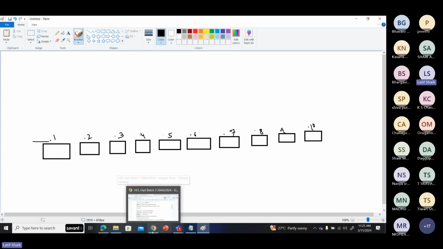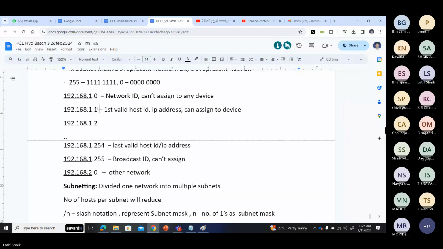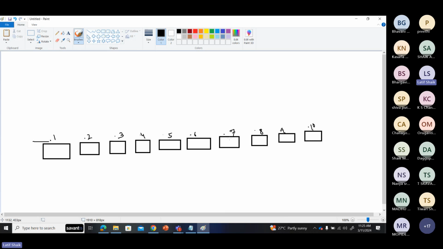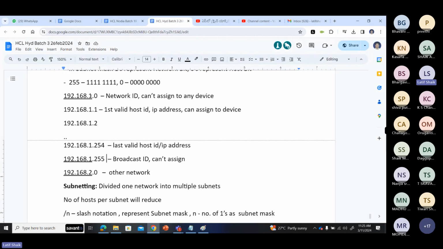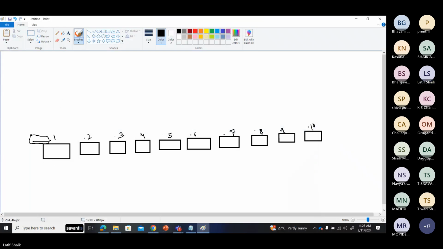One by one, system by system, I'm giving an IP address, and it should not be repeated. The first portion, that network portion, is always the same, like 192.168.1.1. This is the network version. This is the host. This one is the same for everyone. Network version is the same for everyone.